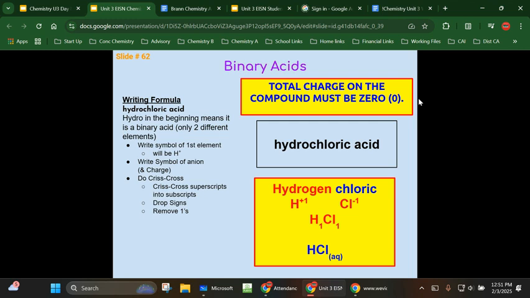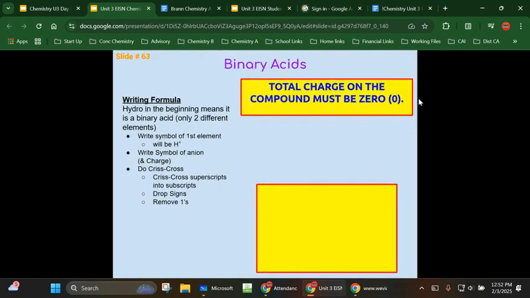Because the hydrogen is just going to put a 1 down by whatever it's with. So whatever the charge on the nonmetal is, that is the number that goes right after the hydrogen. That is the way we will balance it out. That is the way we will create a total compound with a charge of 0. But please do not forget to put the AQ in. Questions? Okay.